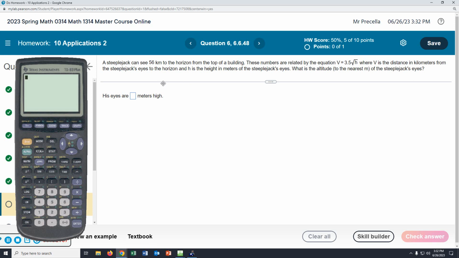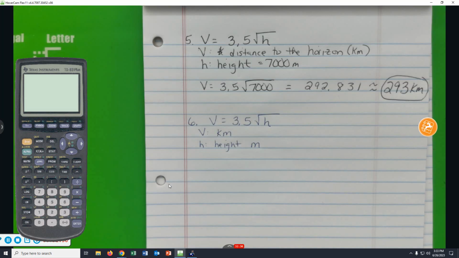So this person can see 56 kilometers to the horizon from the top of a building. We're using that same formula. V is the distance they see in kilometers, and h is the height that the person is in meters. That 56, is that going to become an h or a V?